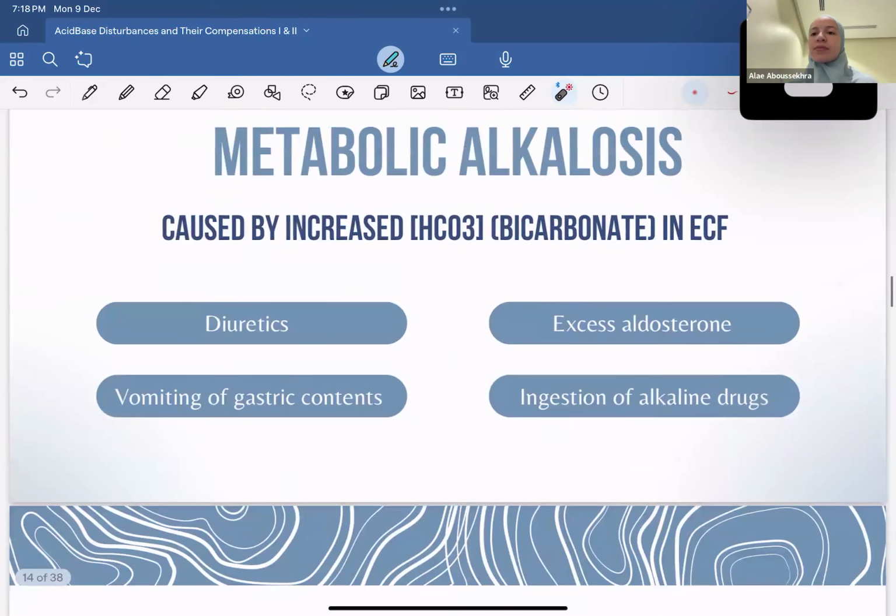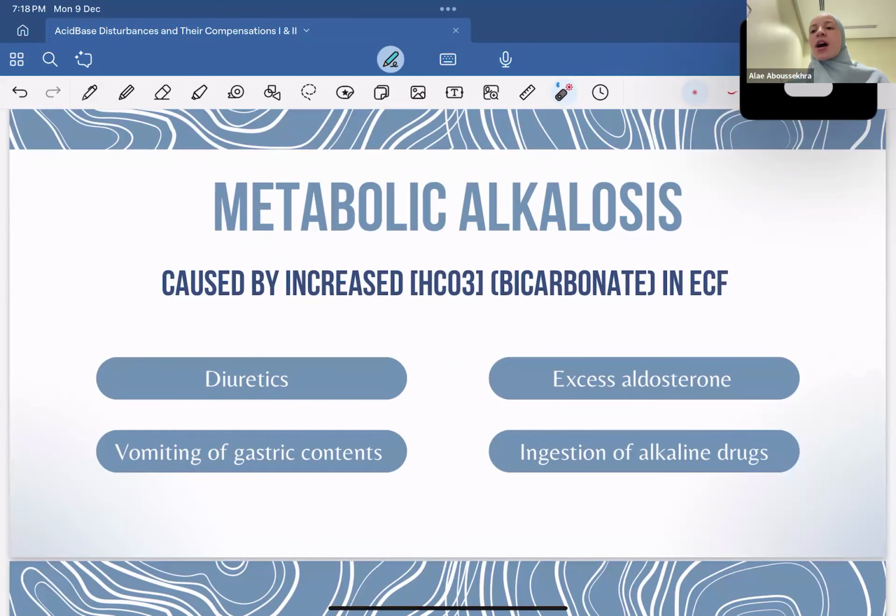Okay. And for the final disturbance, we have metabolic alkalosis. In metabolic alkalosis, you basically have the opposite of metabolic acidosis. So you have an increase of bicarbonate in the extracellular fluid. And this happens when you take diuretics.